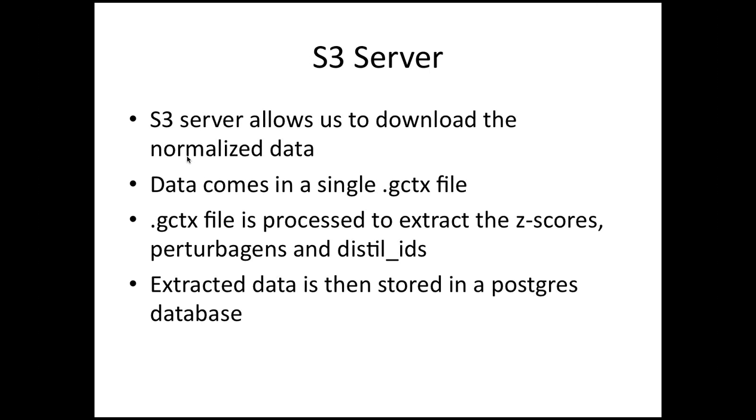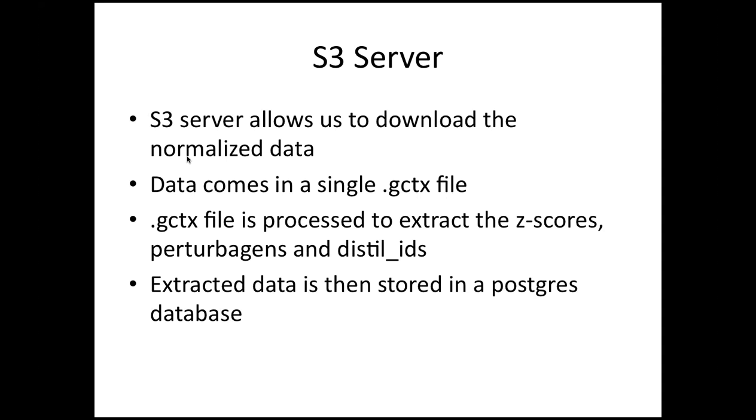The S3 server allows you to download the normalized data, and the data comes in a single GCTX file. There is existing code from Broad which you can use to process these GCTX files, and we also use one of those.